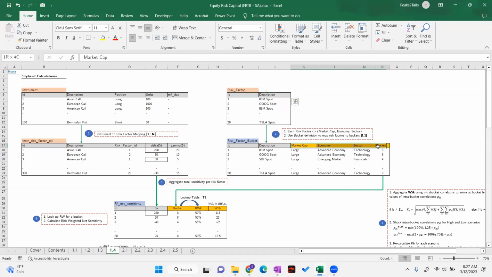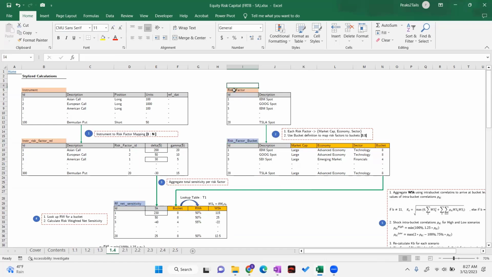I put this in yellow because if you're freshly implementing FRTB, these are the set of new calculations that you probably need to do. This comes from the paper, it's not internal to the bank. It may be there, it may not be there, but these are the new things that you need to take care of. So every risk factor, right? We're talking about equity. This is all the equity delta risk charge framework.